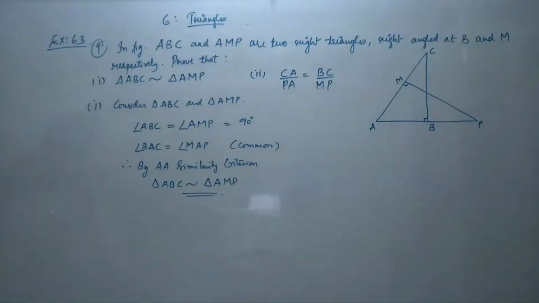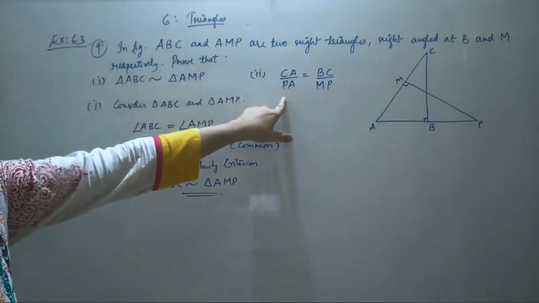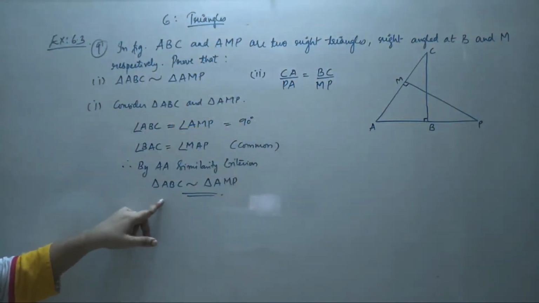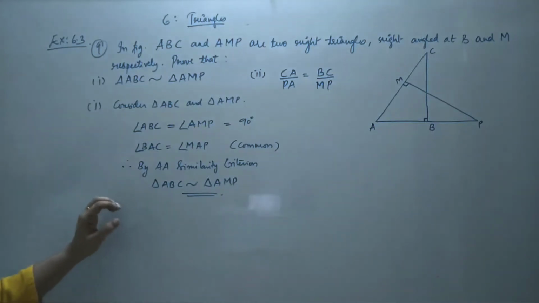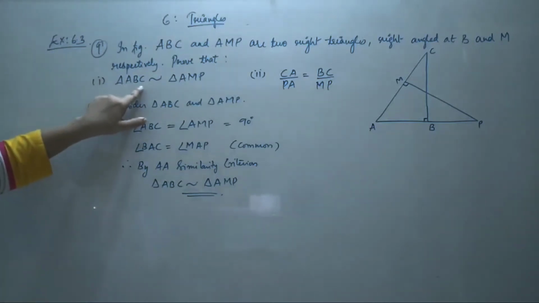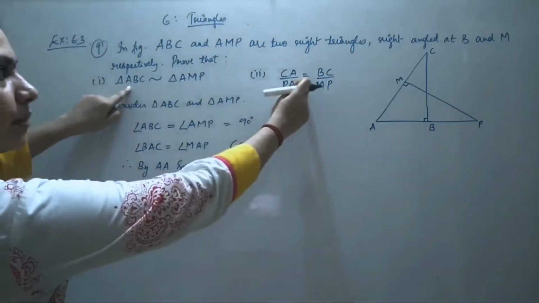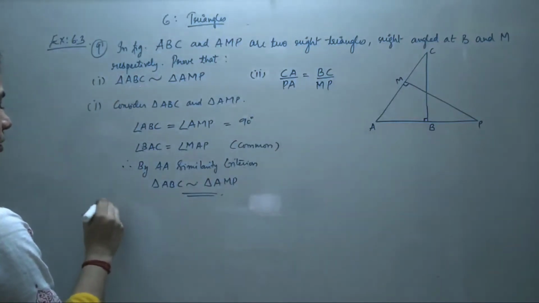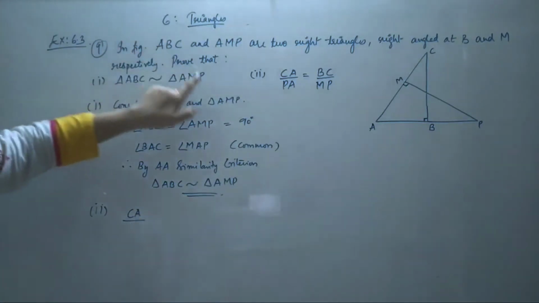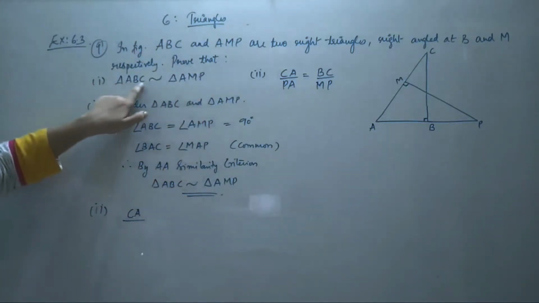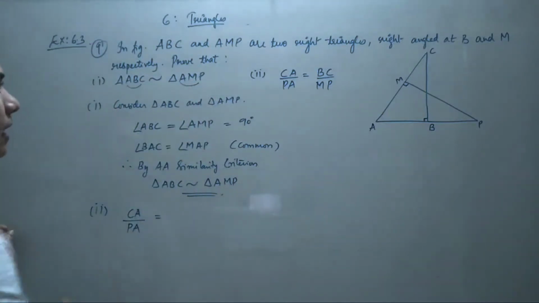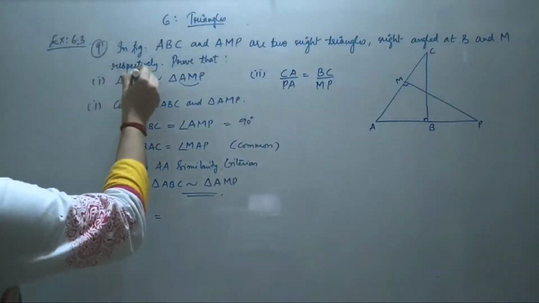Now for the second part to be proven, since we know that the two triangles are similar, we have the concept that the corresponding sides will be proportional. Now we are going for the corresponding sides, from the same triangle. Because my requirement is CA, if I start with CA, then the proportional side for the other triangle will be PA, equal to the other side which you want, BC.